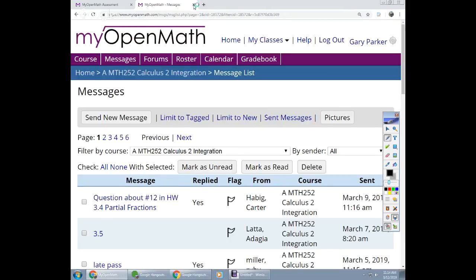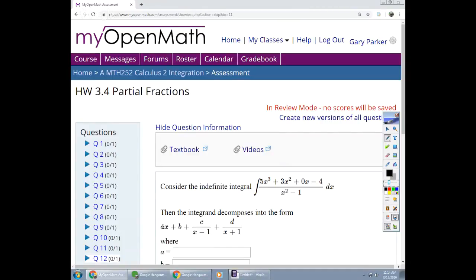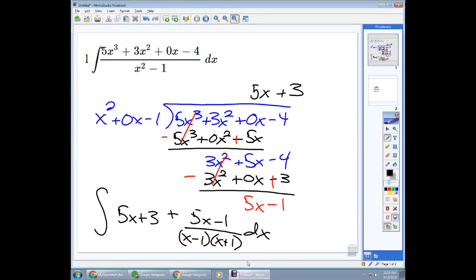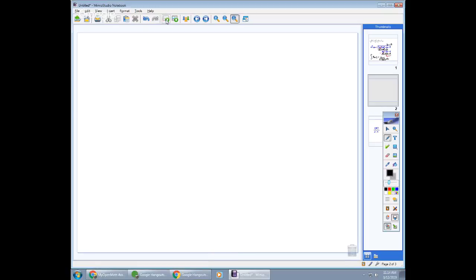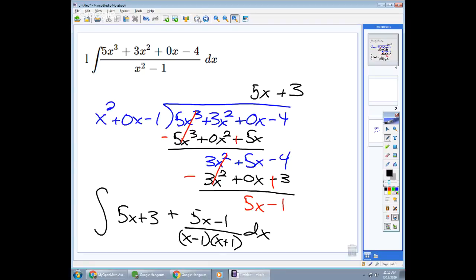All right, so let's do partial fractions on that second part. We know what A and B are, right? They are 5 and 3? Is that what we got so far? Yes. So now we have to find C and D. New page. 5x minus 1.